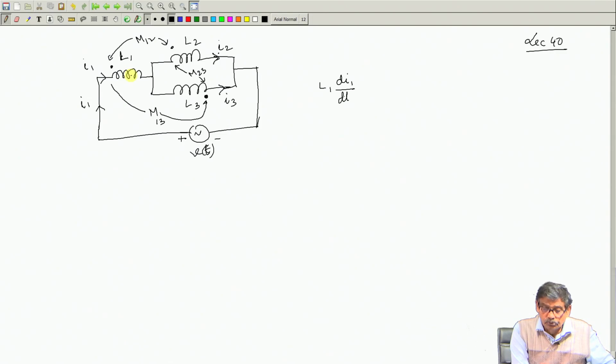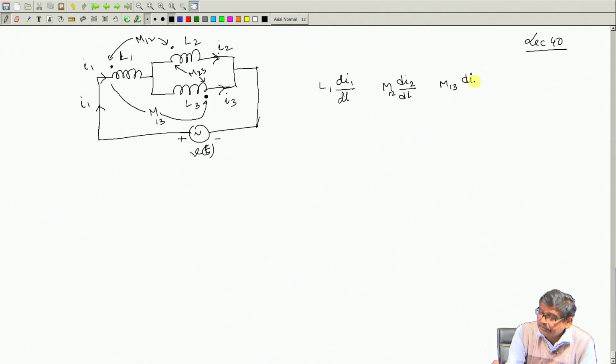But there will be another 2 EMFs. One because of I2, they have mutual coupling, so that term will be M12 dI2/dt, and between these 2 points there will be another term, M13 dI3/dt. These will be the drops here.